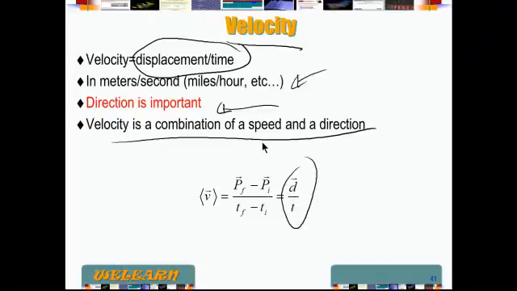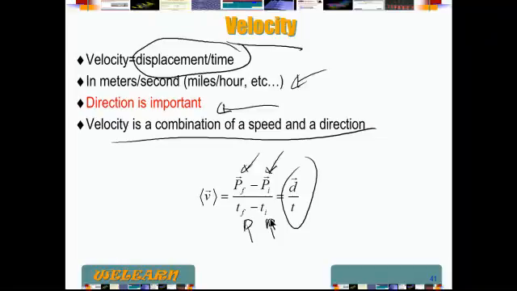Now, remember what the displacement is, final position minus initial position. And the time really is going to be the time when we were at the final position minus the time when we were at the initial position. So PF minus PI over TF minus TI. That's the way we get the average velocity. Of course, there are instantaneous velocities as well, like when we mentioned instantaneous speeds.